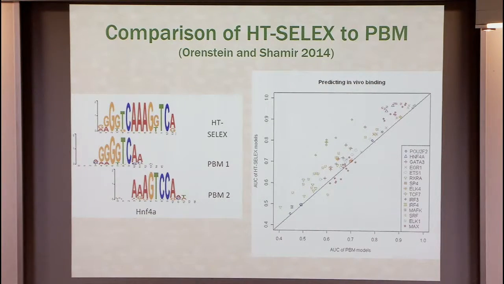But in high-throughput SELEX, the oligos, the DNA sequences that are used, are 40 base pairs, and we sequence them, so we don't have the same length limit. We can improve the length if we have more sequences, if we increase the sample size. So we can generate longer motifs. And indeed, when we use them to predict in vivo binding, we see that they have better prediction accuracy. This gives motivation on why we are interested in using high-throughput SELEX to improve over PBM.